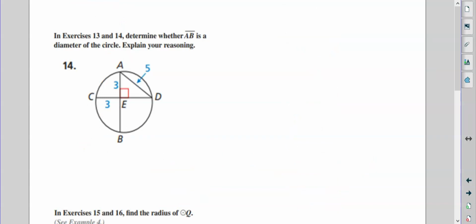Number 14, determine if AB is the diameter of the circle. We need the measurement of this right here. Well, we have a right triangle. 5 is the hypotenuse, so we have 3 squared plus b squared equals 5 squared. Hopefully you recognize this as a Pythagorean triple. B is 4. So this is 4 right here.